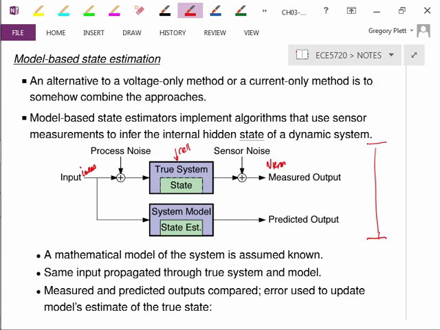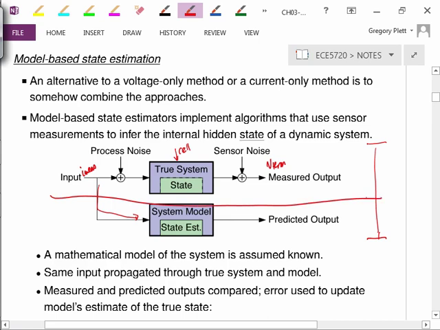Well, the approach that we're going to look at says, let's use a bunch of equations. Let's use a model that describes how the battery cell works. We'll measure the current, and we'll put the current into my model. Now, everything above the line is hardware or reality. Everything below the line is software.